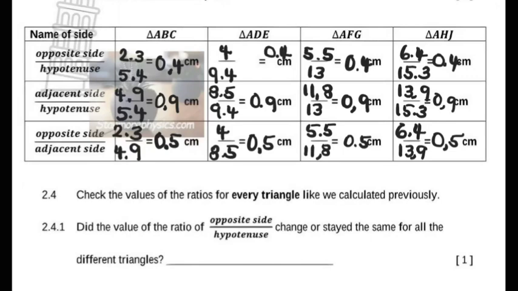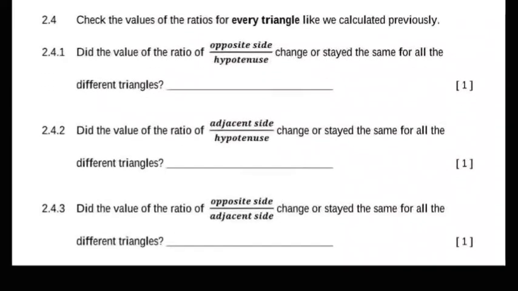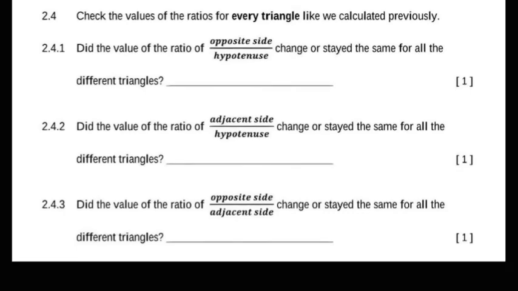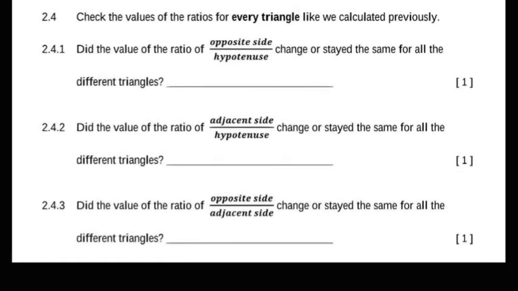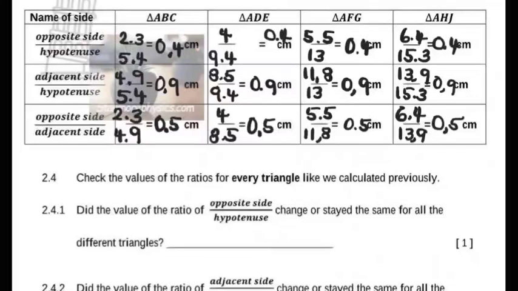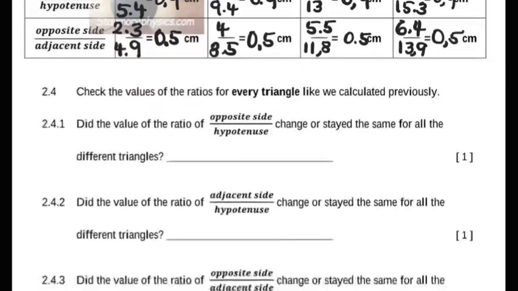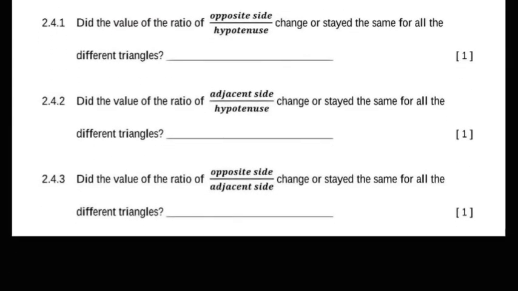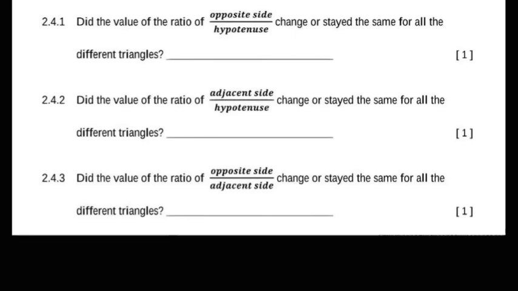Now going on to 2.4. So 2.4 says, check the values of the ratios for every triangle that we calculated previously. So based on the same table that we had. 2.4 says, did the value of the ratio of the opposite side over the hypotenuse change or stayed the same for all the different triangles?